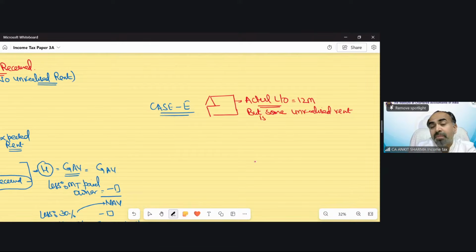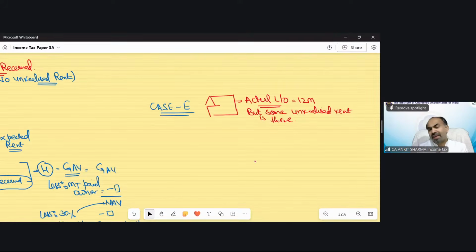That means there is some bad debt. That means tenant occupied the property for 12 months, but the full rent has not been paid. Some month rent tenant did not pay it and we are not able to recover it. So it is just like bad debts write-off.